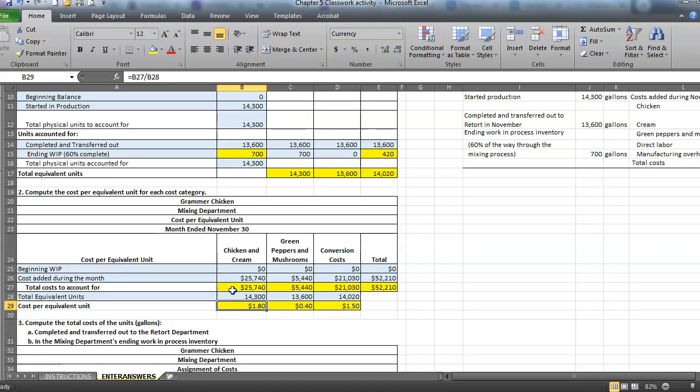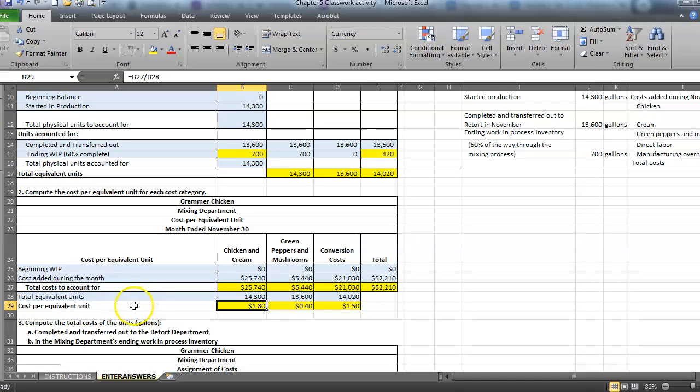So beginning WIP plus your costs added during the month equals your total cost to account for. And it's a very important calculation. It's very simple, but it's important to note that's all you need. So if they're asking you for total cost to account for, I truly believe the simplest way to look at it is just this: WIP plus cost added. And we're using dollars at this point.